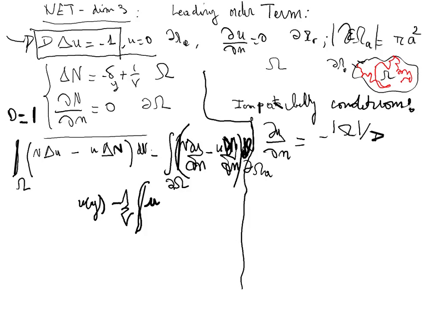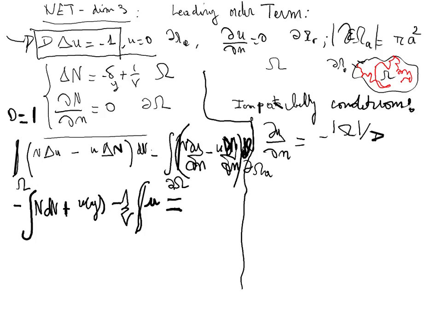Then n times the Laplacian of u, which is simply equal to minus 1, gives minus the integral of n, and we have to integrate d volume. So we have all these quantities, and this has to be equal to the boundary term.